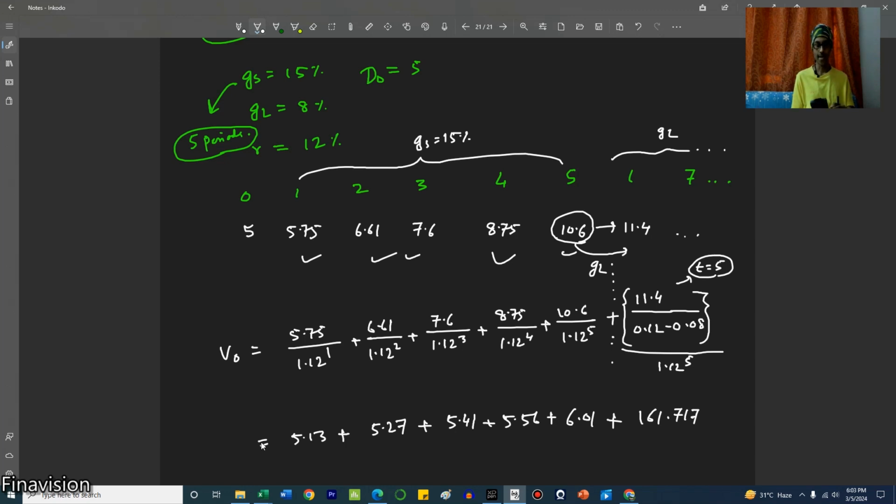So we add these values up to get V0. 161.717 plus 6.01 plus 5.56 plus 5.41 plus 5.27 plus 5.13. This gives 189.1 approximately. This is our answer.